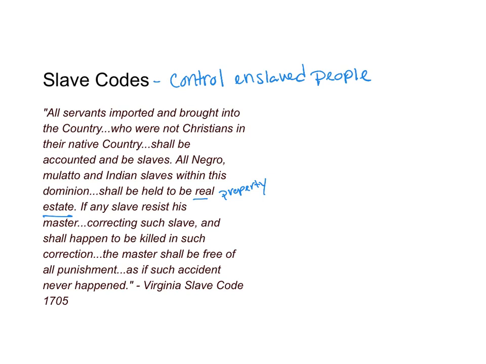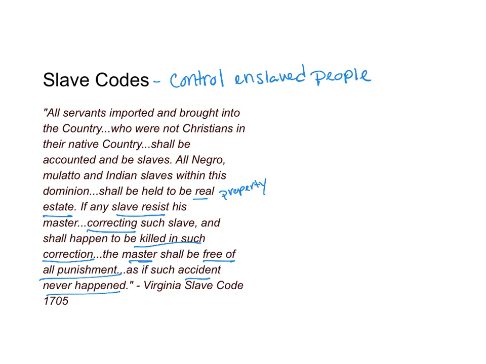If any slave resist his master, correcting such a slave, and shall happen to be killed in such a correction. So here they're saying that if a slave resists and you have to correct that slave, and that slave happens to be killed in the correction, the master is going to be free of all punishment, as if such accident never happened.